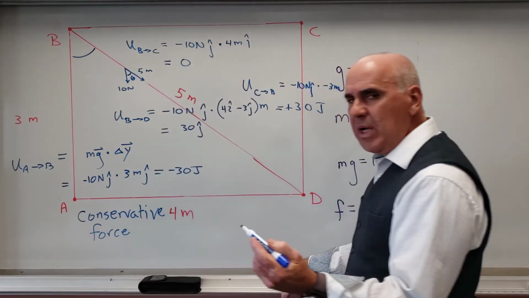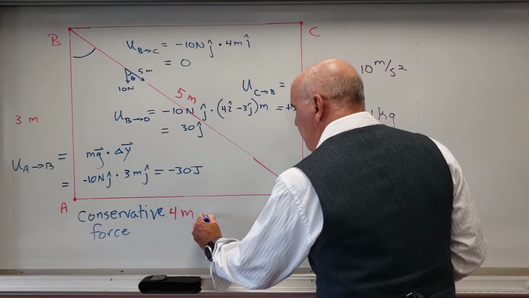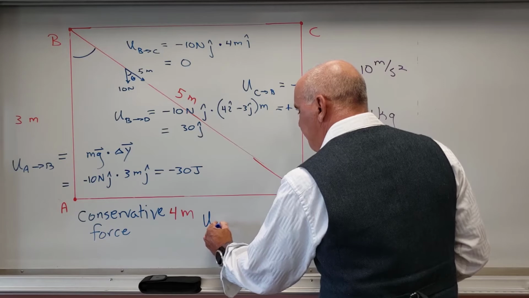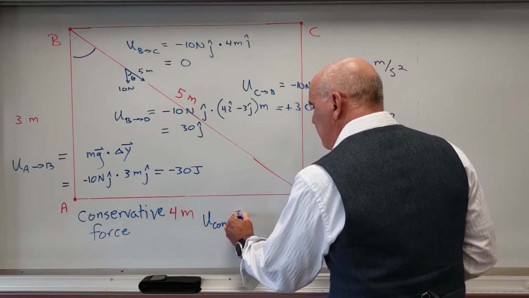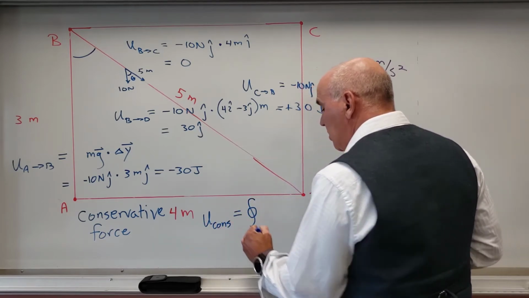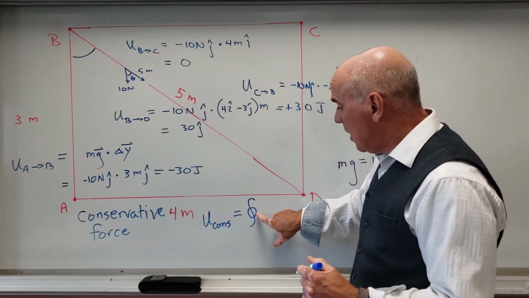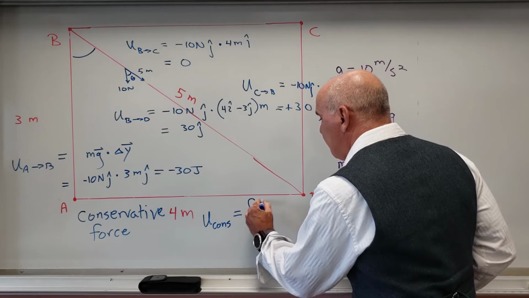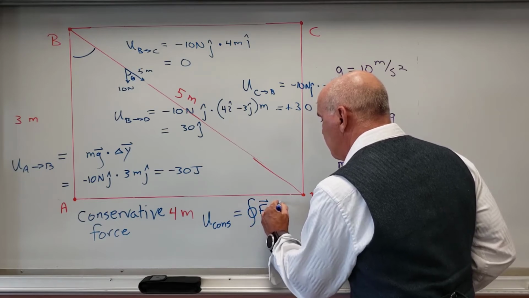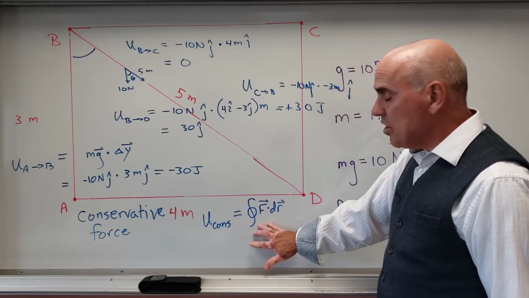And in calculus, the way we do that is the work done by a conservative force is equal to the closed integral, and you'll learn this in probably your 3rd semester of calculus, of f dotted with dr. So this is a more generic format.